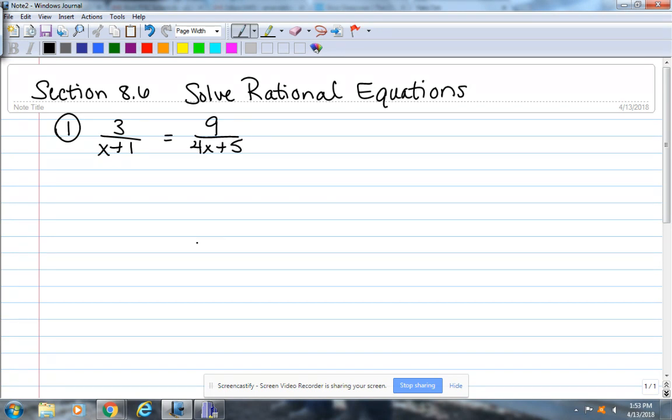So this is just two rational expressions set equal to each other. And we already said that a rational expression is a fraction with variables in it.